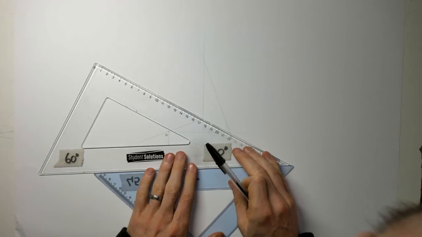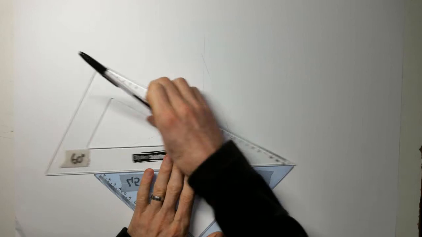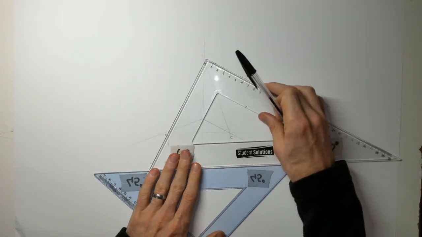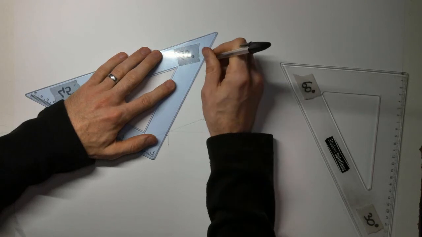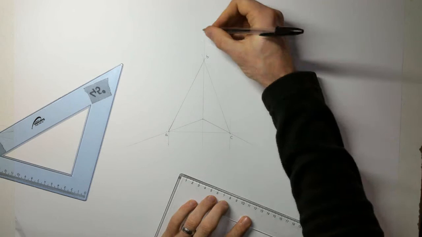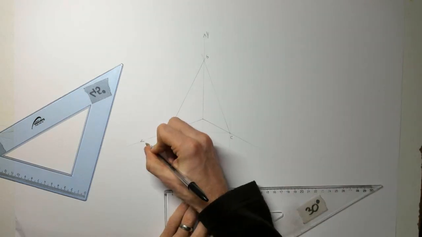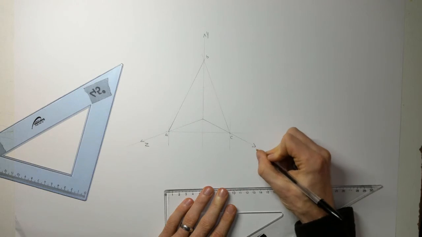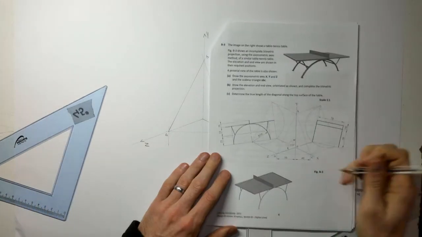Yeah, and that is at 90 degrees. Okay, perfect. So that's B. So we've got our y-axis, our z-axis, and our x-axis, and we have our scaling triangle ABC.